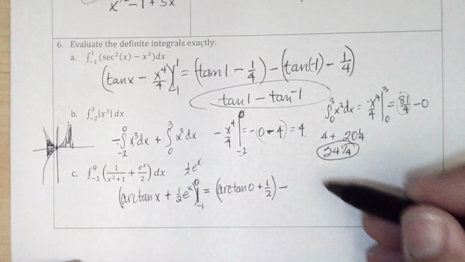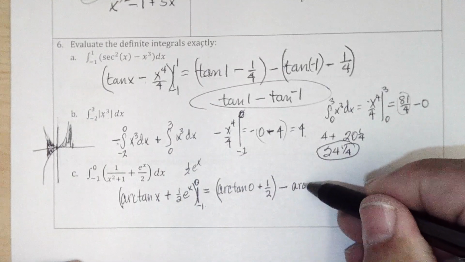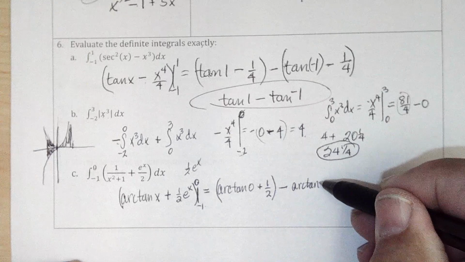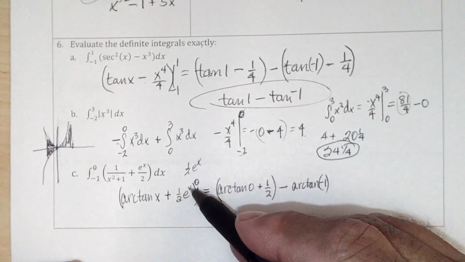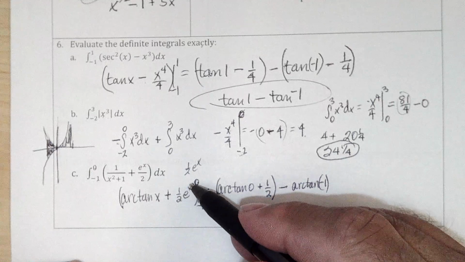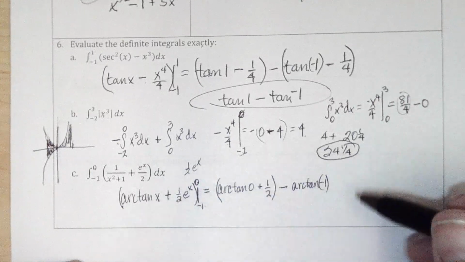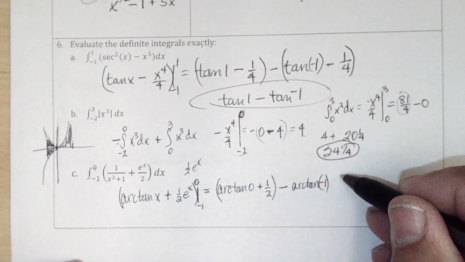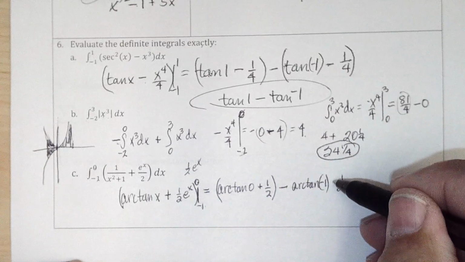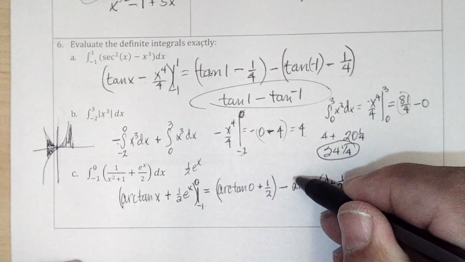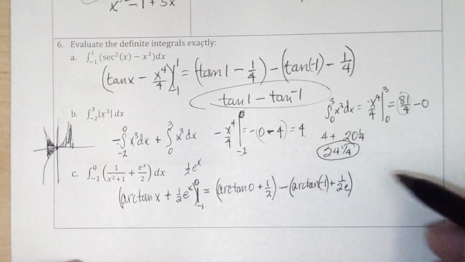Put in the -1 and we get arc tangent -1, and put -1 in here, and e to the -1 is 1 over e times 1/2, so it's 1 over 2e. So put that in there, and we're supposed to subtract all of that.